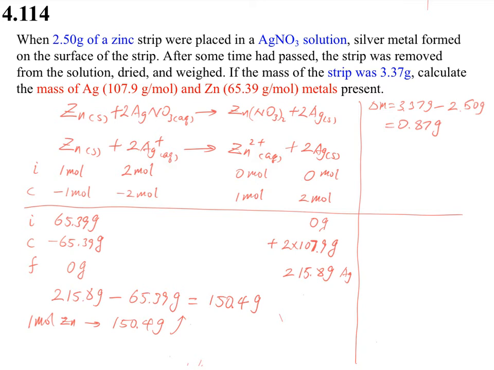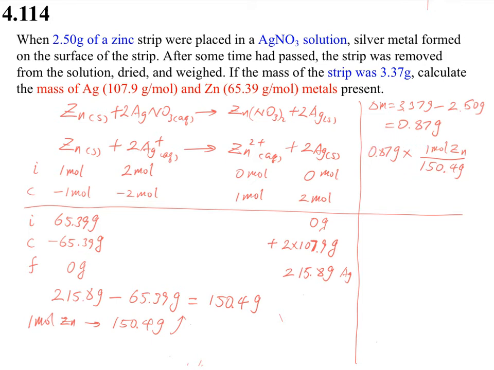Then we use our ratio. 0.87 gram of mass increase corresponds to x, and 150.4 gram corresponds to 1 mole of zinc. Once more, we know every 150.4 gram of mass increase corresponds to 1 mole of zinc. Now we have 0.87 gram increase.